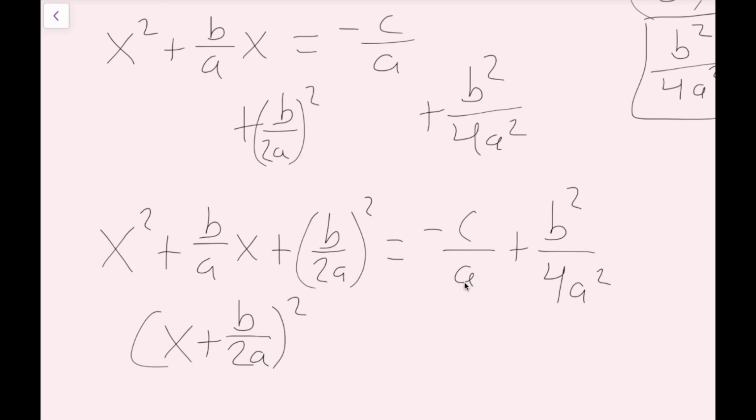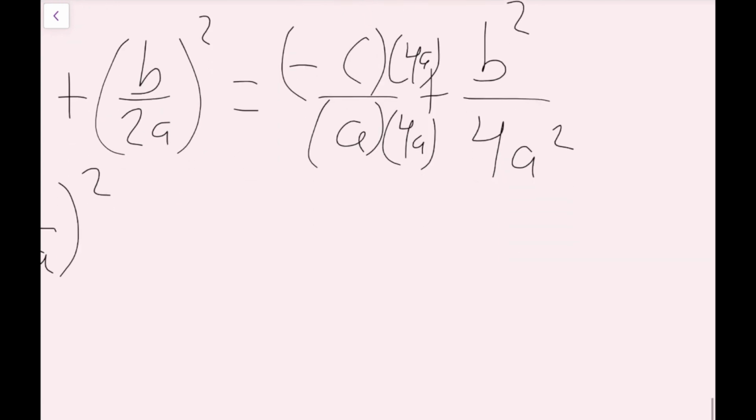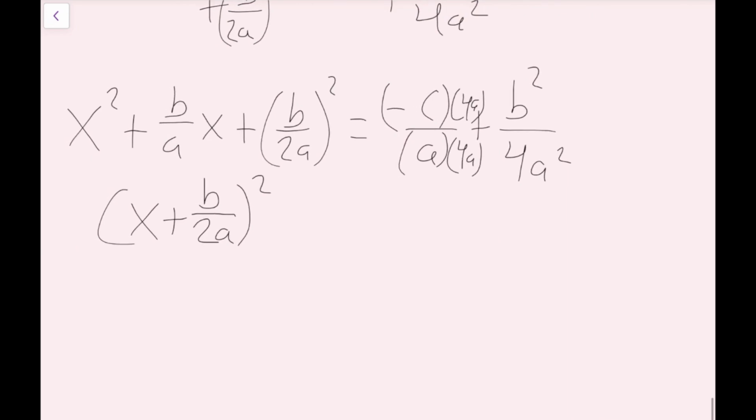So if I multiply the top and bottom here by 4a, that will give me a common denominator. So I'll zoom back out, and I get this factored form right here equals negative 4ac over 4a squared plus b squared over 4a squared.